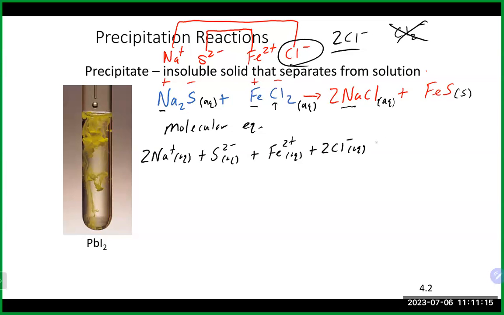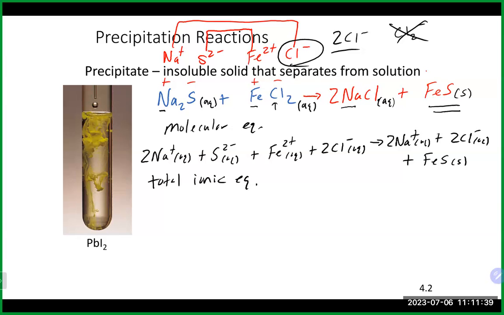We will go to the other side of the arrow where our sodium chloride will also break apart into 2 sodiums as that 2 gets distributed to both things behind it. And lastly, here we have our solid, which will stay together. Again, I ran out of room, so I'll just go underneath it. This is our total ionic equation.